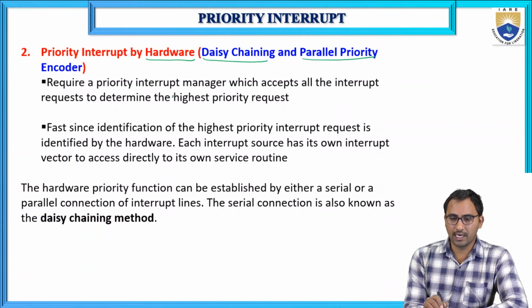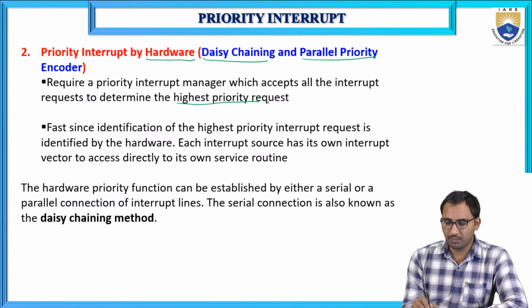We require a priority interrupt manager which accepts all interrupt requests to determine the highest priority request. Since identification of the highest priority interrupt request is done by hardware, each interrupt source has its own interrupt vector to access directly its own service routine.